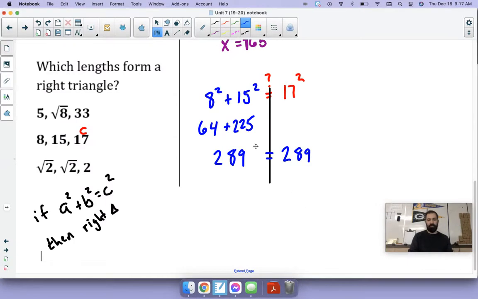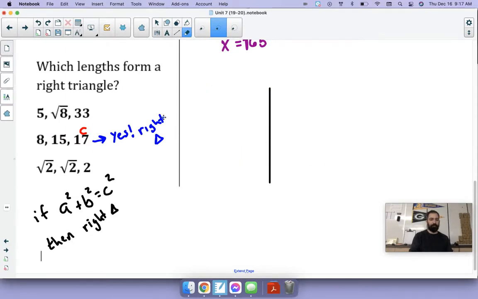We have the same number on both sides, which proves it: yes, it is a right triangle. Okay, you can try these other two. Pause the video, work through those two, and see what you get.